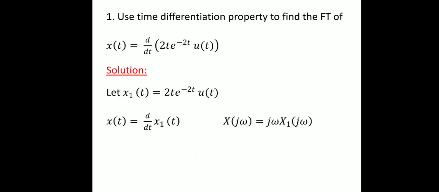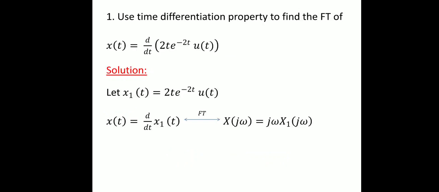Now if I apply Fourier transform, then the Fourier transform of x of t will be X of j omega, the Fourier transform of d by dt of x1 of t, wherein we can use the time differentiation property. The Fourier transform of x1 of t is X1 of j omega. Because of time differentiation, we have to multiply j omega to the transform of the signal. So x1 of t and X1 of j omega are Fourier transform pairs, and x of t and X of j omega are Fourier transform pairs.